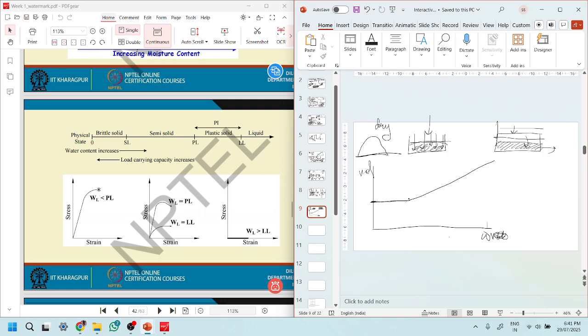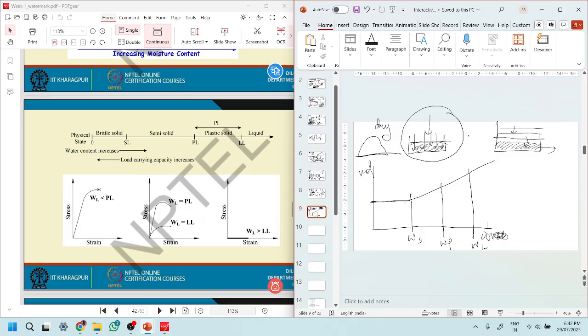So this is a limit that is called the shrinkage limit, and then we reach something that is called the plastic limit, and then we have the liquid limit. Why we are talking about this is because the behavior of the soil based on the water content is very, very different.